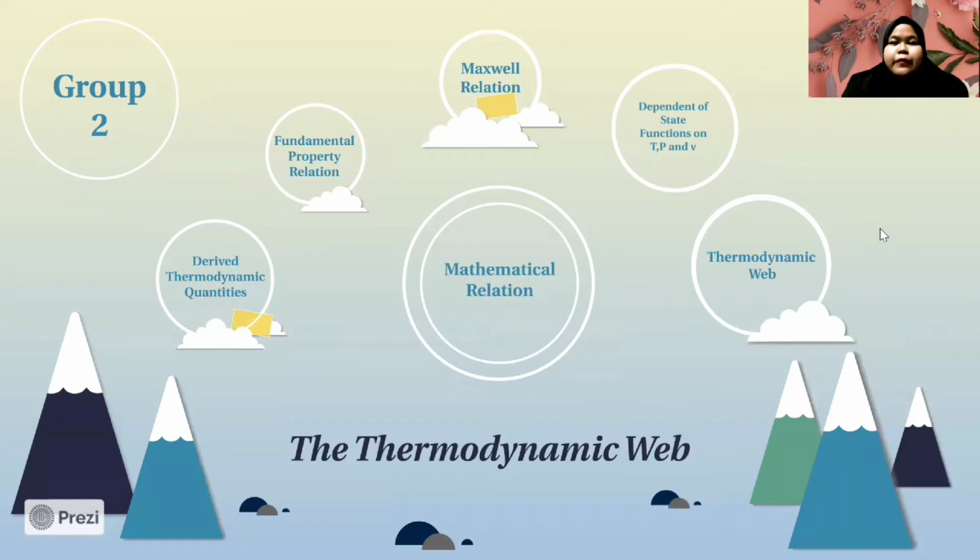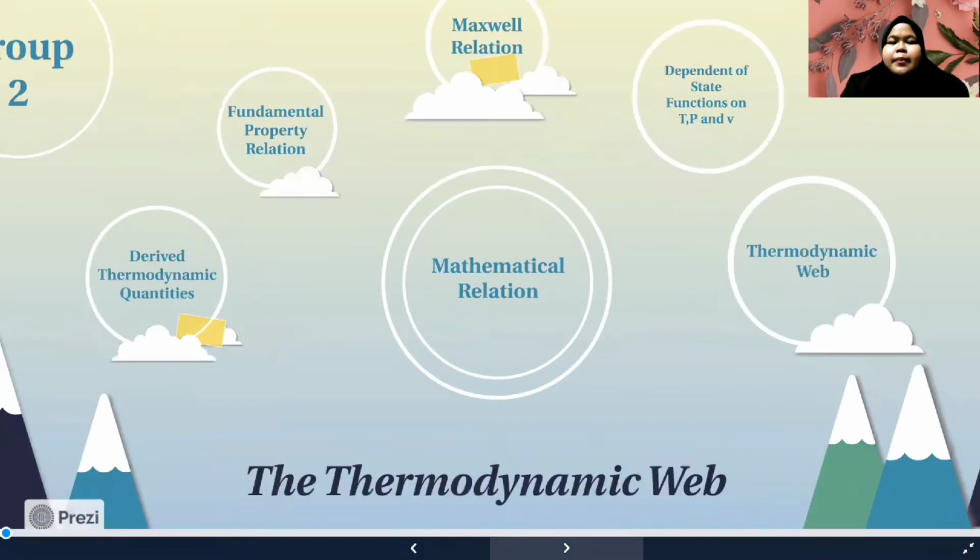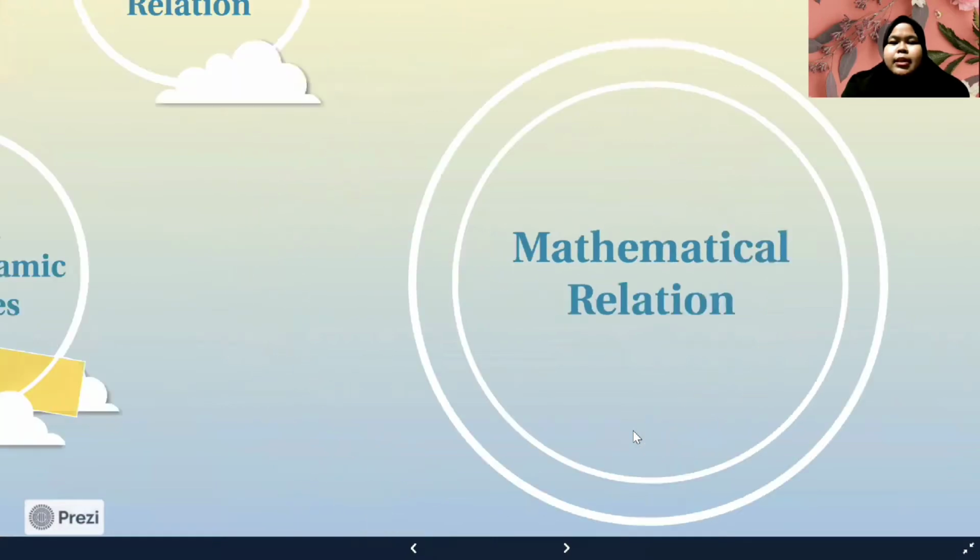This is our assignment for subject ECH 3120, Chemical Engineering Thermodynamics. For this assignment, we are required to discuss and explain about the thermodynamic web. Basically, there are 6 important topics under this chapter that we will discuss further throughout this video. Firstly, the mathematical relation.